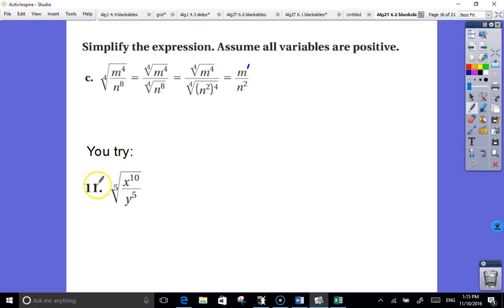So you try the number 11 on the bottom. Shouldn't take you more than 30 seconds.